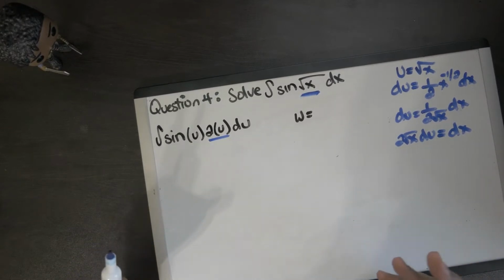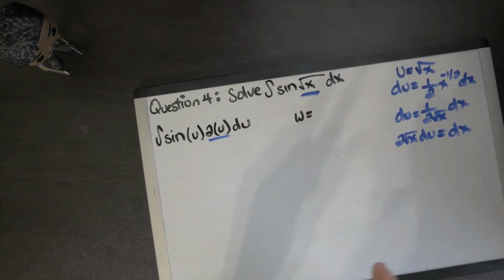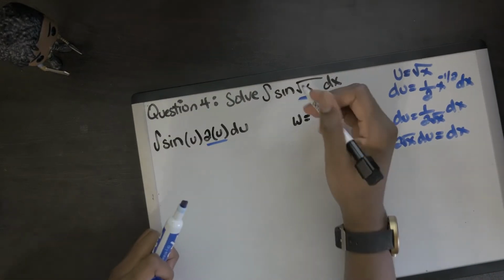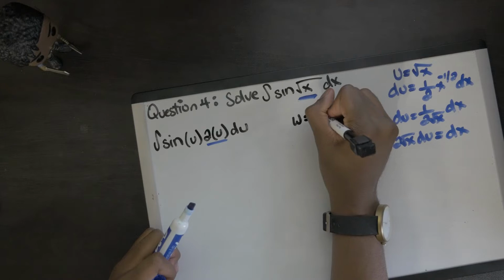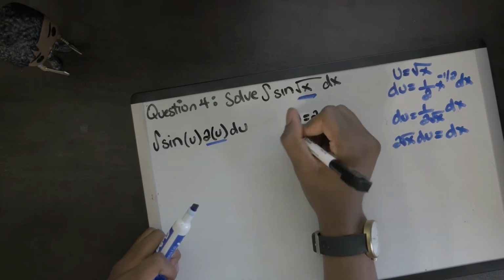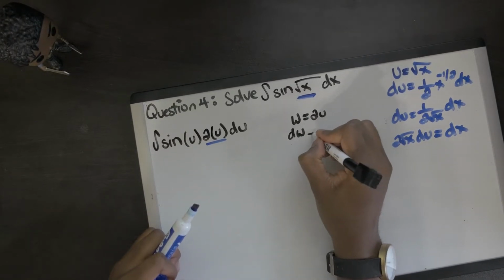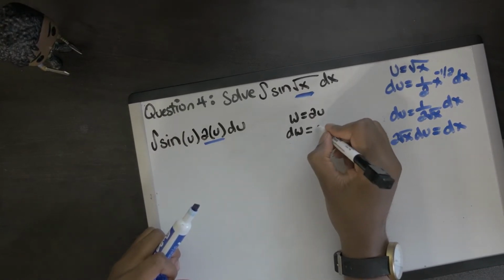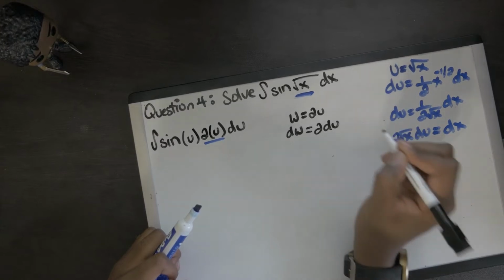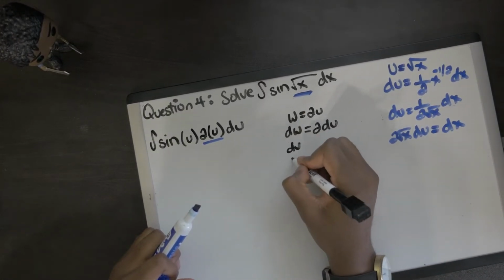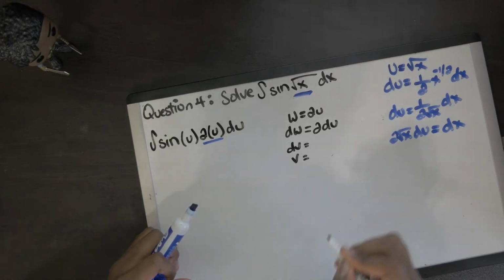We have to use another variable here. So we'll say w equals 2u, which will give us a dw of 2 du, and then we'll look in terms of dv and v.